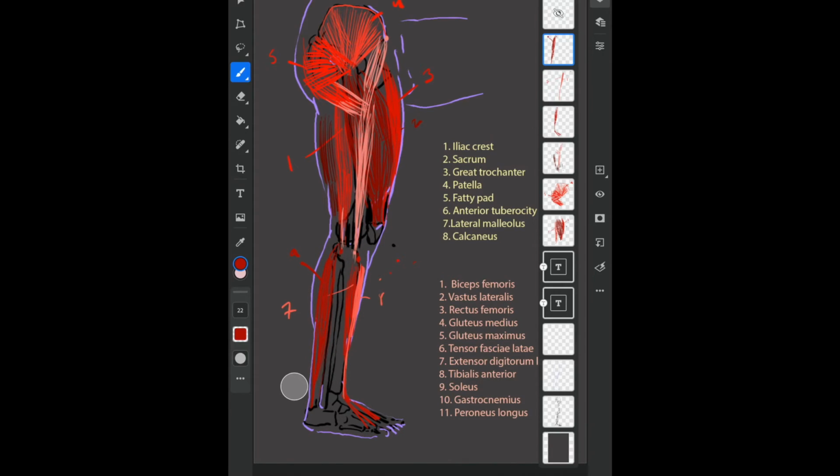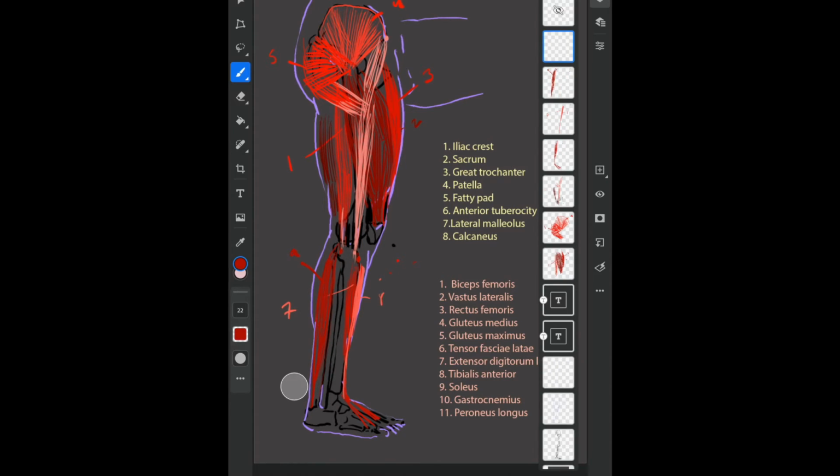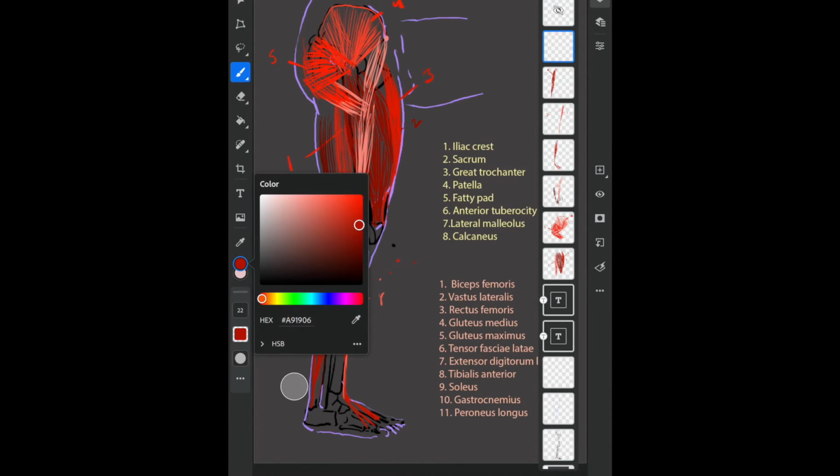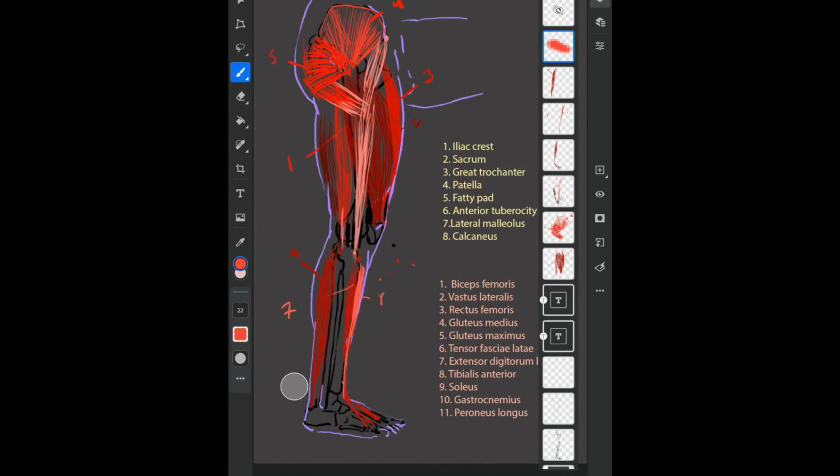And then on top, we have our gastrocnemius muscle. Let's change levels here. Change colors. The gastrocnemius starts at the lateral and medial condyle of the femur, so it's going to start wrapping here. And we have the lateral head here, like this.